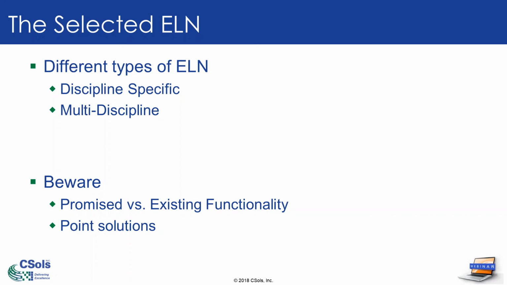I read somewhere, so this is not mine, an equating of these two different types of ELN to a smartphone. A smartphone is definitely multidiscipline. You can send emails, you can send text messages, you can even call people on your smartphone, and you can browse the internet. You can buy things on websites.